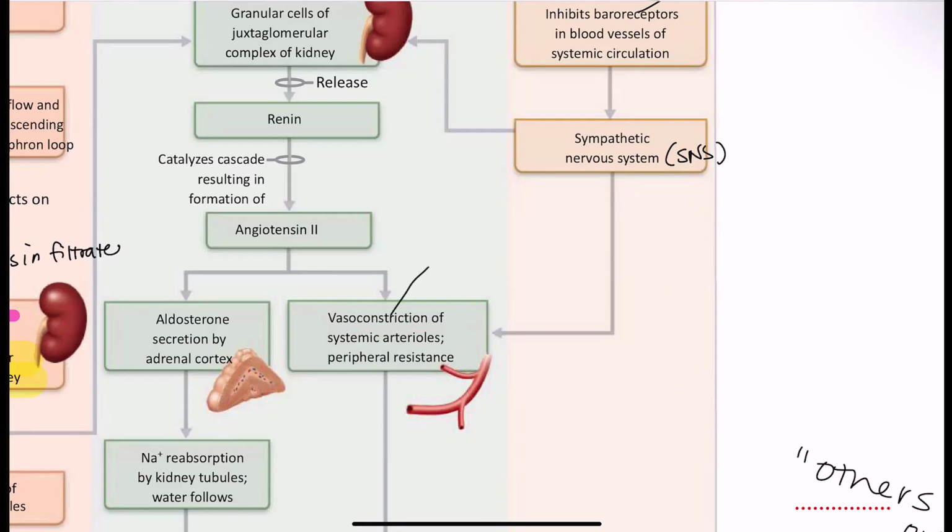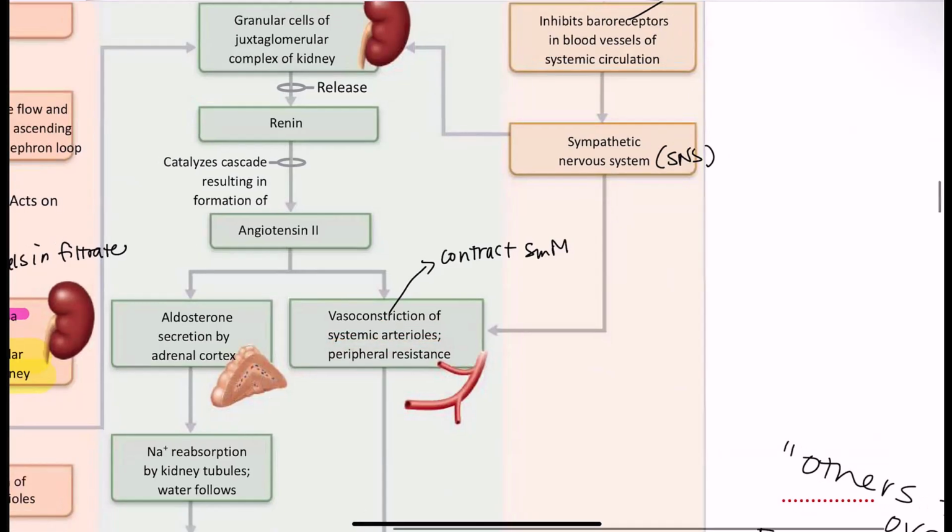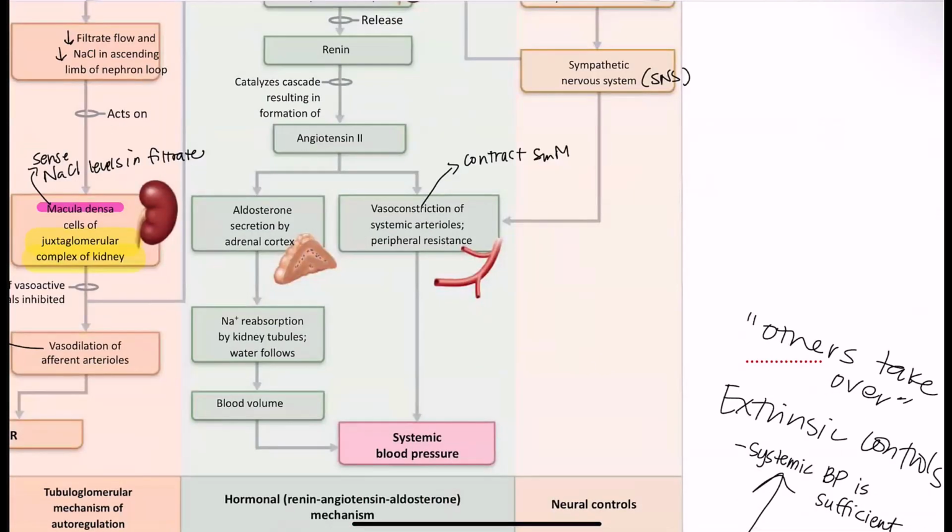Vasoconstriction means that we contract smooth muscle of the blood vessels in the systemic arterioles. If we contract smooth muscles by vasoconstriction, then that automatically leads us to increase blood pressure. Vasoconstriction increases blood pressure. We learned this in blood vessels. So that's the neural control.